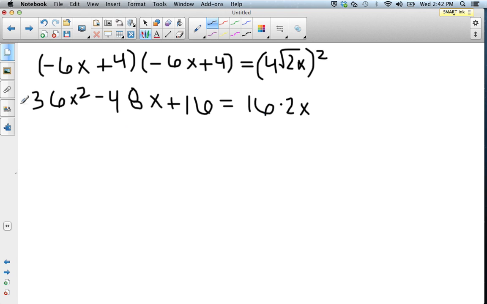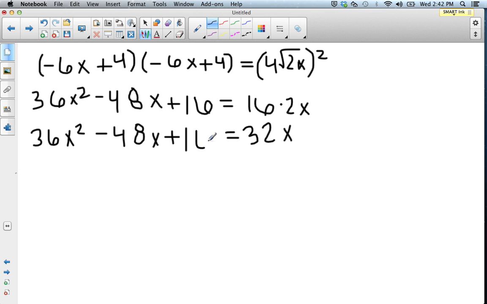Let's see. So multiplying, this becomes 32x. And 36x squared minus 48x plus 16. We have a quadratic, so I'm going to set it equal to 0, so minus 32x.